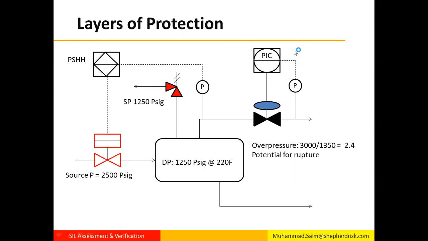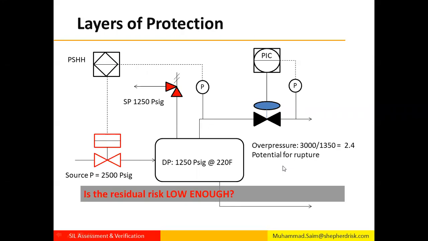When the pressure reaches the set pressure, this logic solver shuts down the inlet stream, so the vessel is not exposed to pressures beyond the design pressure. So we ask the question: is the residual risk low enough? We need to find an answer to this question.